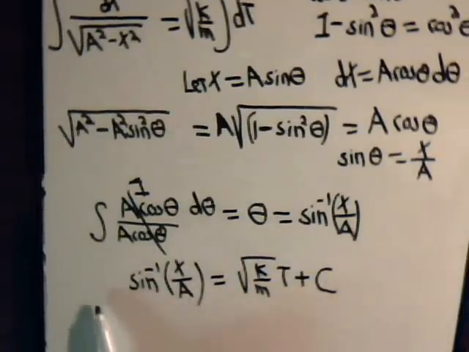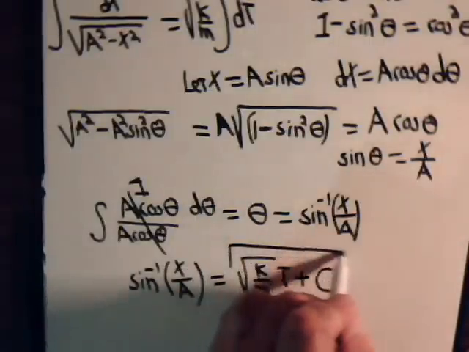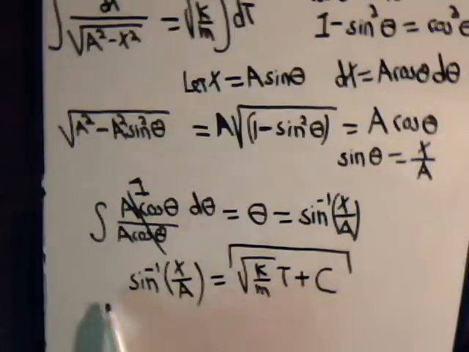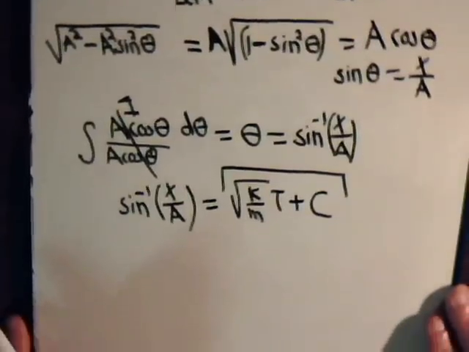We can take the sine of each side of the equation. Of course, the sine of the inverse sine is just going to give us x over a.